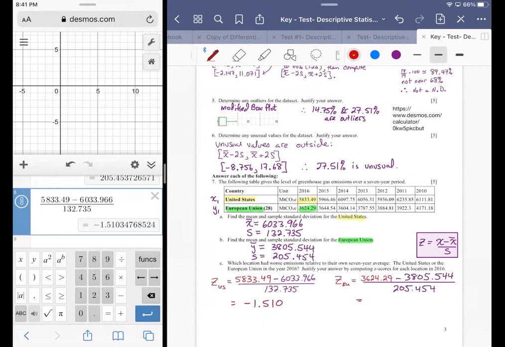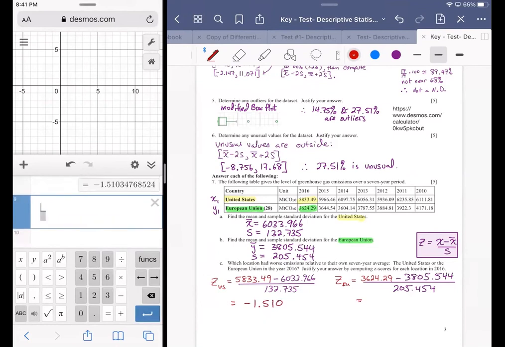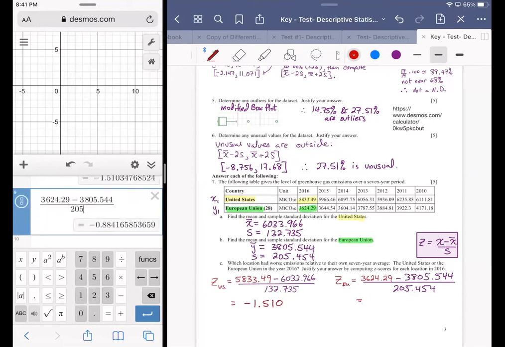And then for the European Union, 3624.29 minus 3805.544. So we're looking at about negative 0.882.